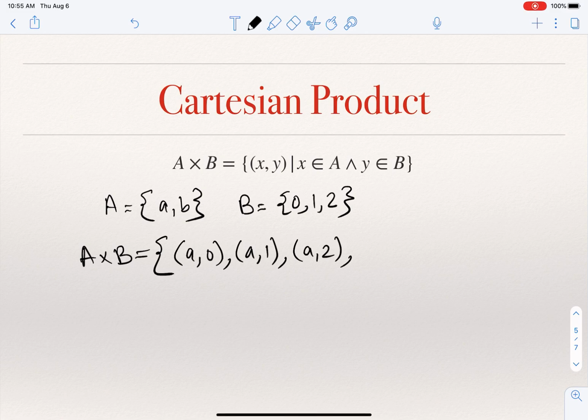Or I can form (b, 0), (b, 1), and (b, 2).